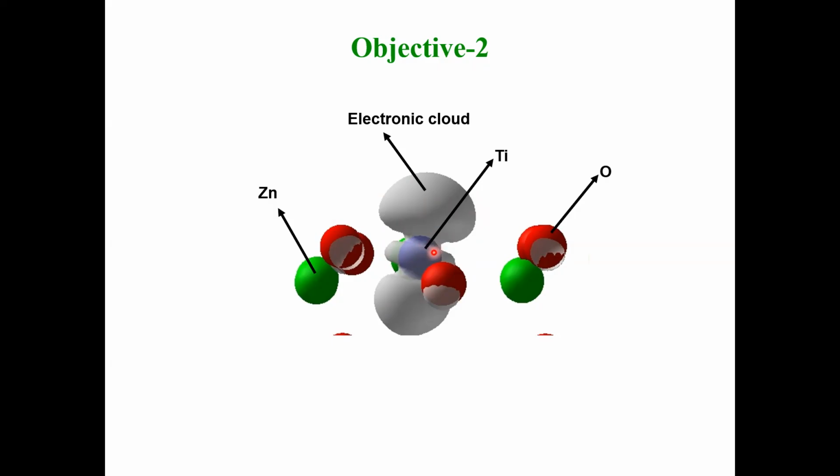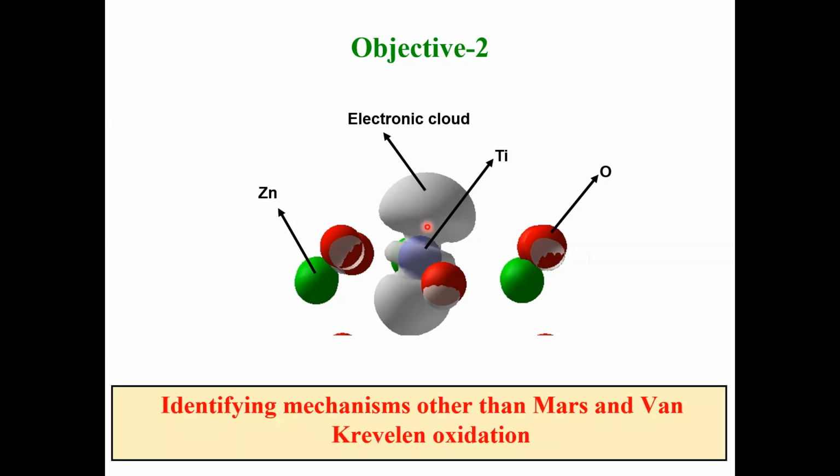I was a postdoc at this time. We were looking at this computational experiment, and what I thought was, when I have this excess electron available around the titanium dopant, what will that do?